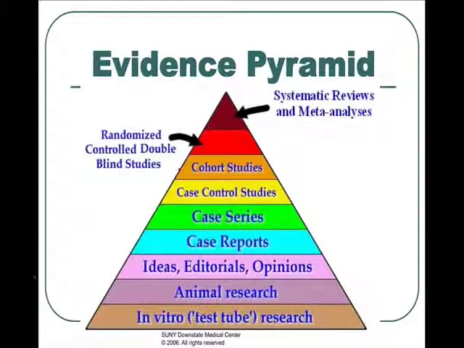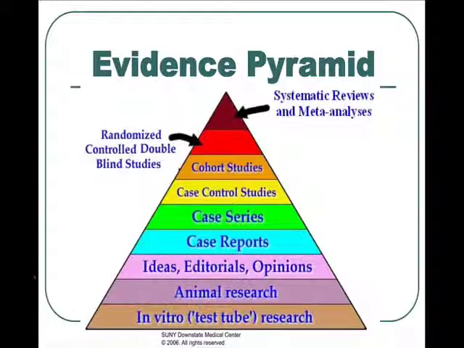Reviewing the levels of evidence at this point or earlier, possibly, is also helpful in screening out unwanted information. Remember, not every topic has a corresponding systematic review or meta-analysis or even a randomized controlled double-blind study available.